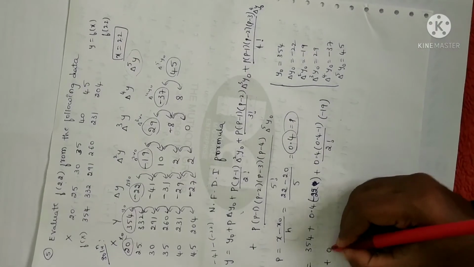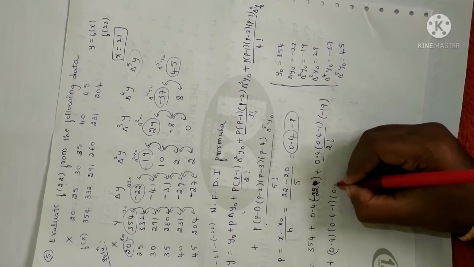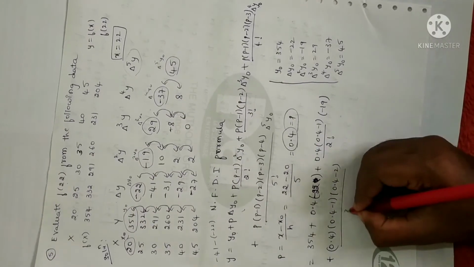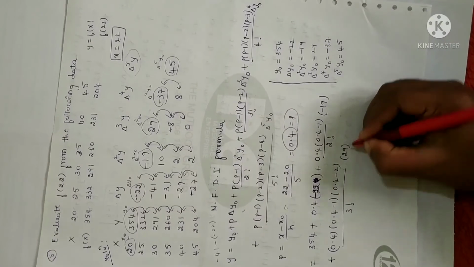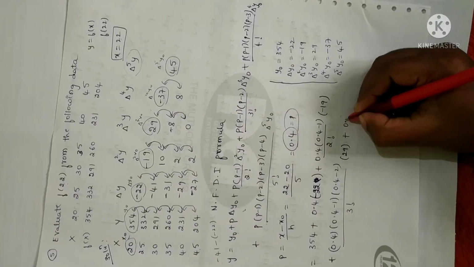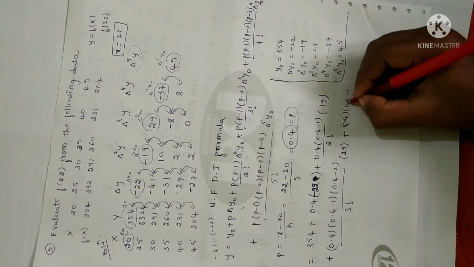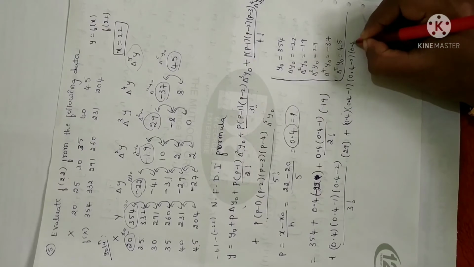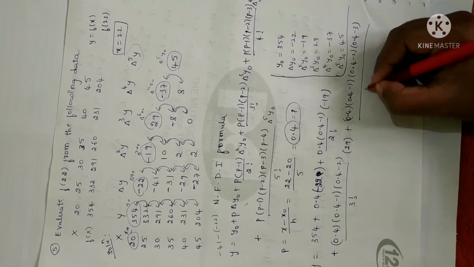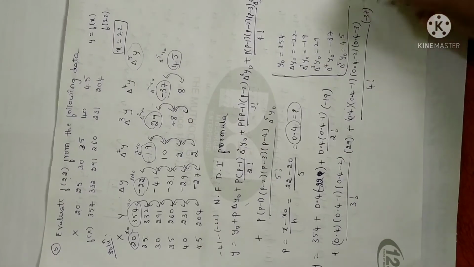Next plus p is 0.4 into 0.4 minus 1, 0.4 minus 2 divided by 3 factorial into delta cube, which is 29. Next plus p is 0.4 into 0.4 minus 1 into 0.4 minus 2 into 0.4 minus 3 divided by 4 factorial into delta power 4, which is minus 37.